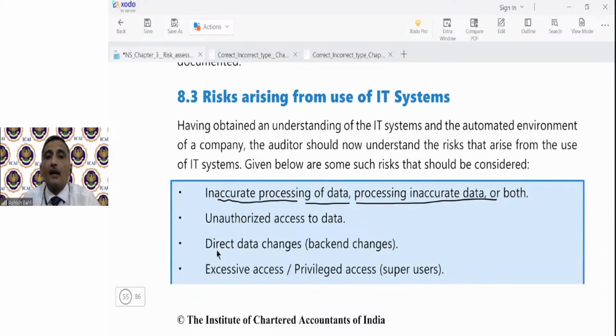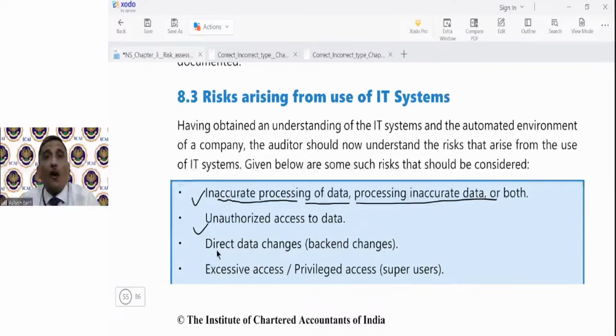Okay, unauthorized access to data. The data may be accessed by people who are not authorized. There can be unauthorized reach to data, and it can also happen that data is changed directly without proper authorization, backend changes, which we call.